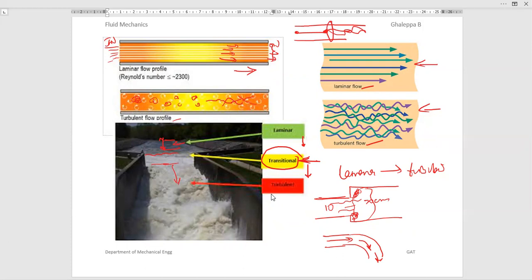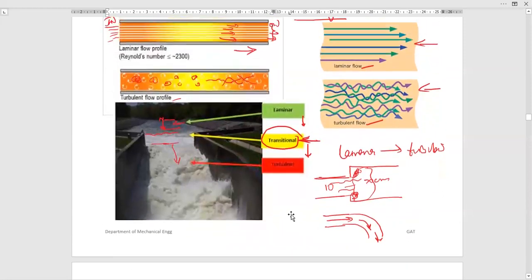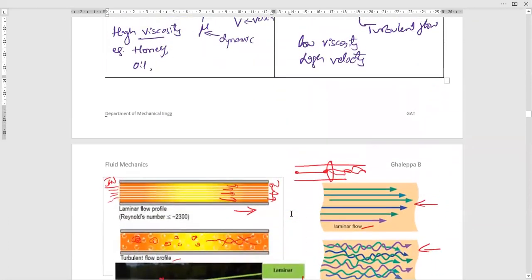Okay. The next point we discuss is the Reynolds number. Reynolds number is a dimensionless number and is defined as the ratio of inertia force to the viscous force.